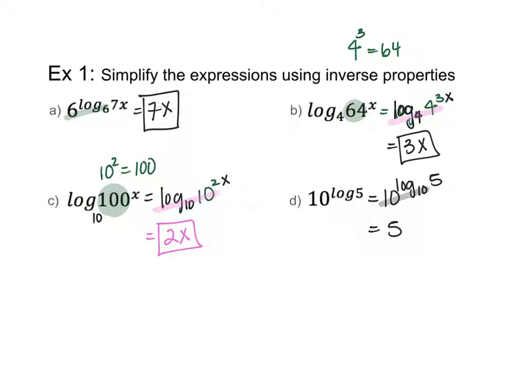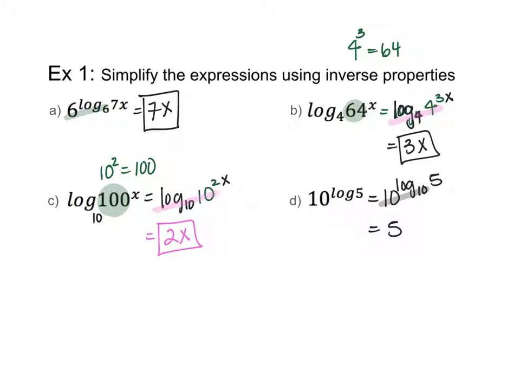And also takes the log with it too. So notice that when you cancel, the log also cancels along with it, right? Okay, and if the exponent here is not the same as the base of the log, what you have to do is take the exponent and manipulate it to make it look like the base. So take the base and set it equal to the value and figure out what exponent makes it that value. That's it.